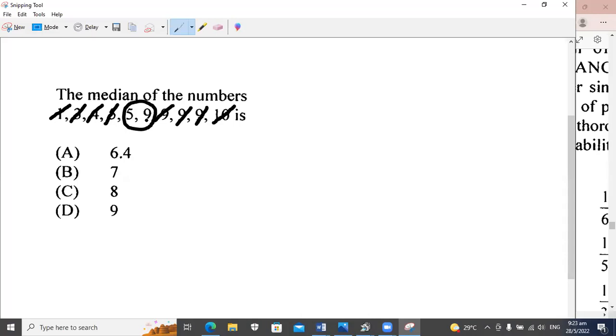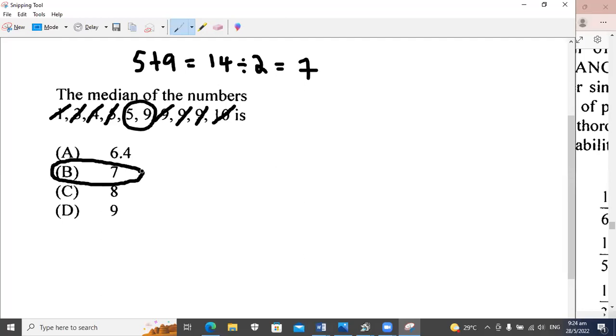So you add them. 5 plus 9 is what? 14. And then you divide that by 2. The answer is 7. So 7 is your answer. Pretty simple, isn't it?